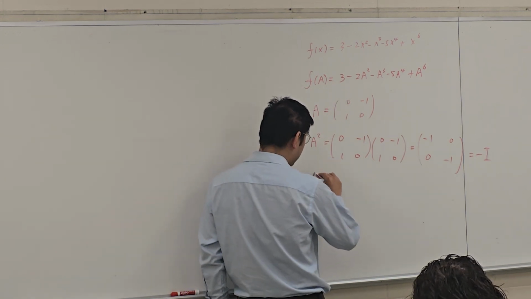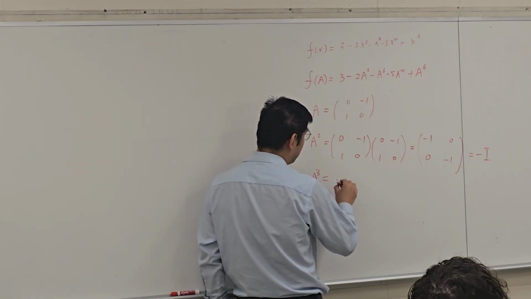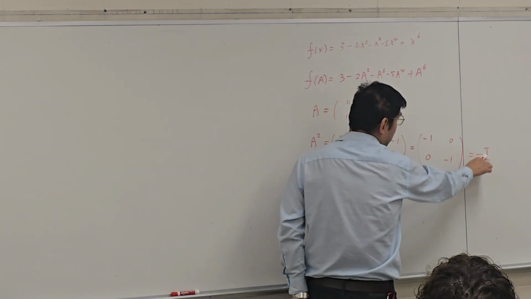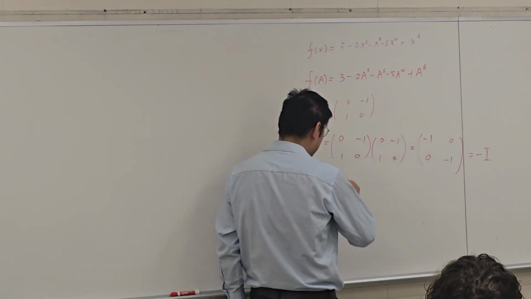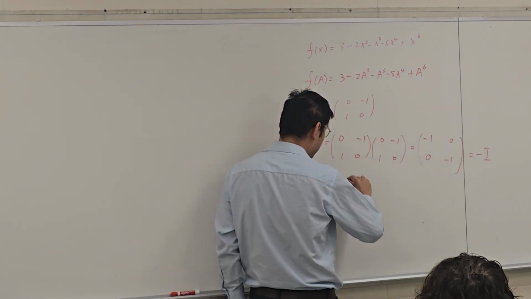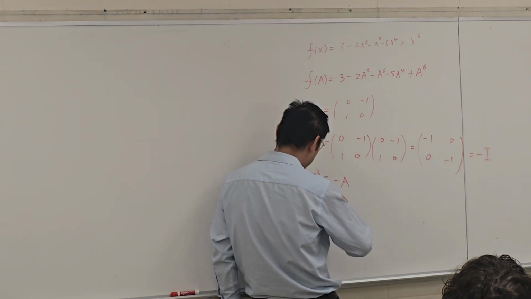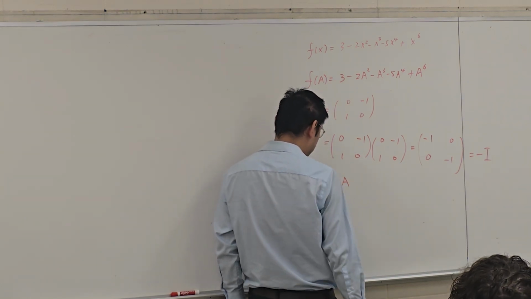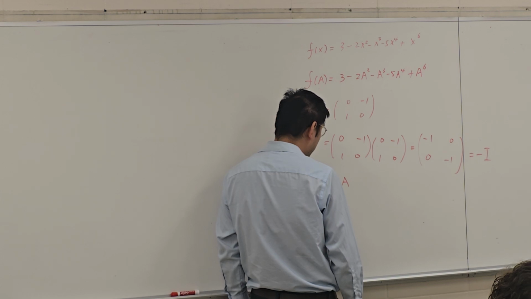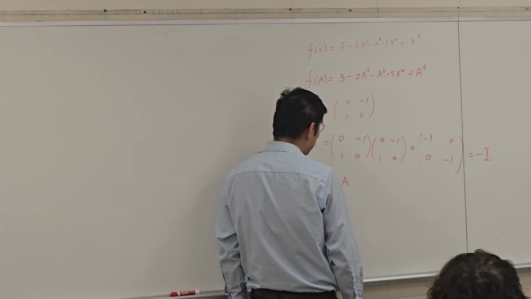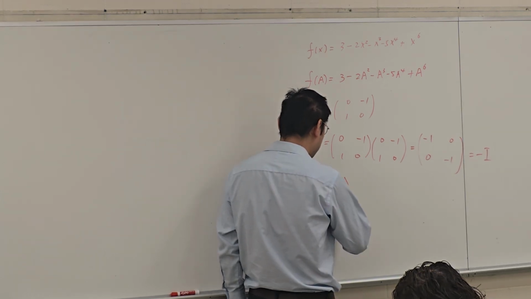So apparently what's A cubed going to give me? A times negative identity, agree? That's minus A. Then A to the power of 4 is I, right?